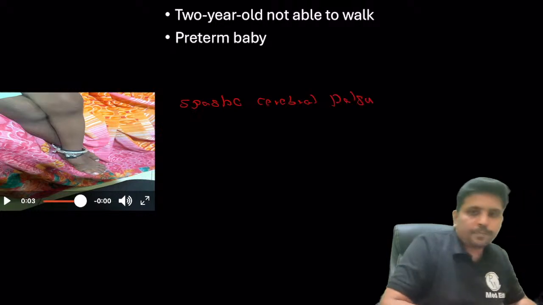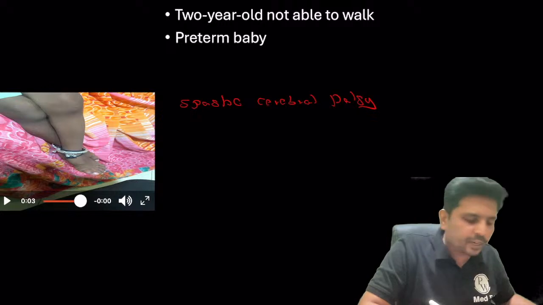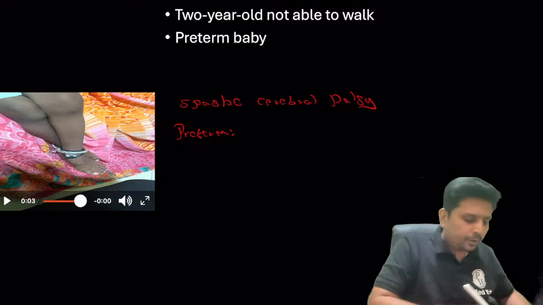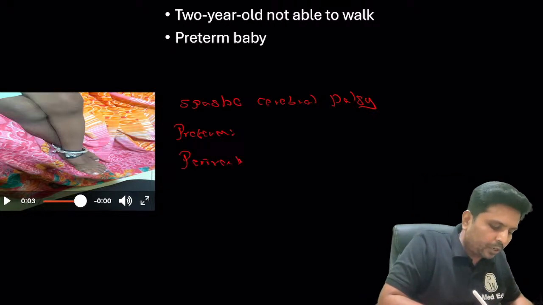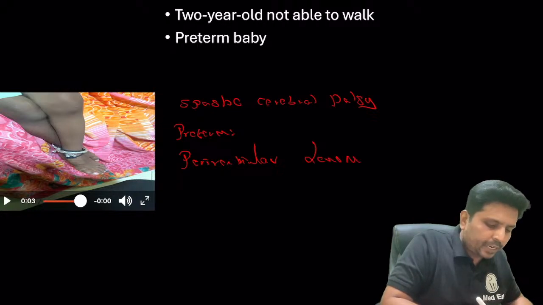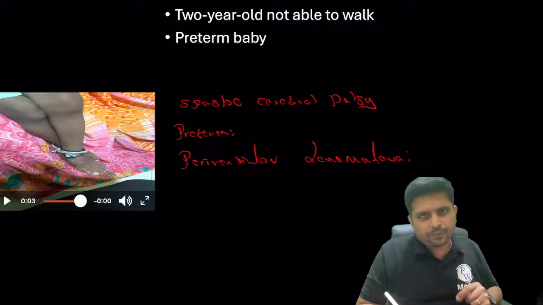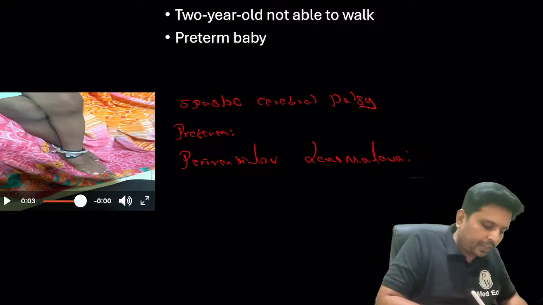This spastic cerebral palsy usually occurs in children born preterm due to periventricular leukomalacia, and because of the spasm of both adductors, the child used to have commando crawling.